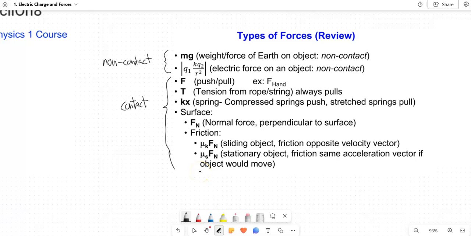So friction force is parallel to the surface, while the normal force is perpendicular. So anytime an object is touching a surface, it's probably got two forces on it: the normal force and friction.